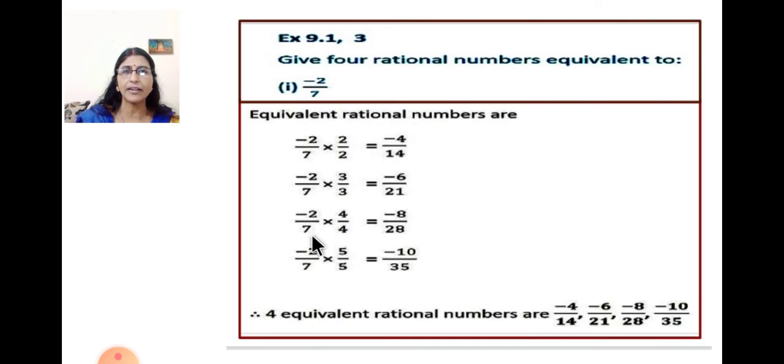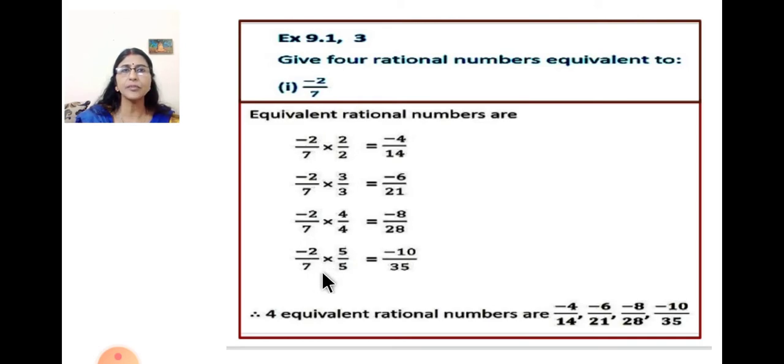We'll write down the rational number which is given in the question. Here you can see the numerator and denominator both are multiplied by 2, so you will get minus 4 upon 14. When both are multiplied by 3, you will get minus 6 upon 21. In the same way, when multiplying both numerator and denominator by 4, you will get minus 8 upon 28, and they are equivalent to this rational number.